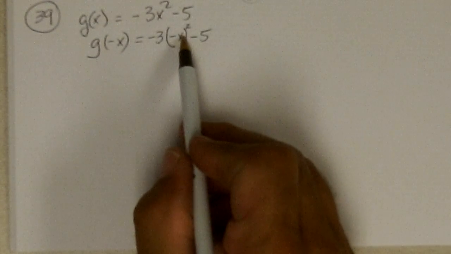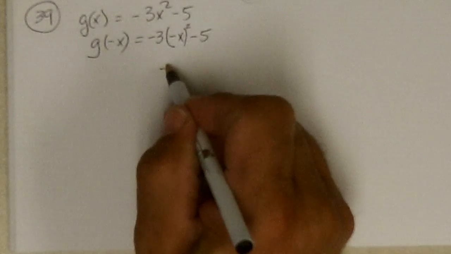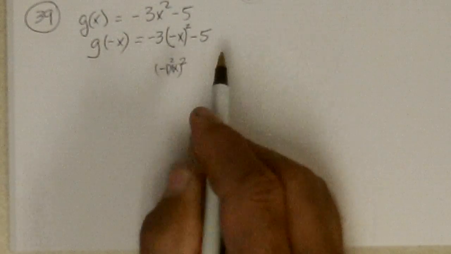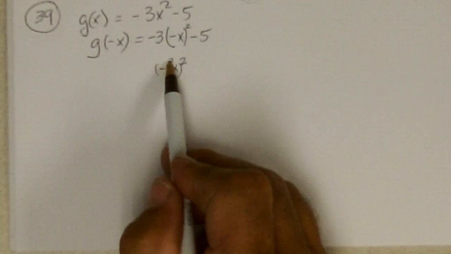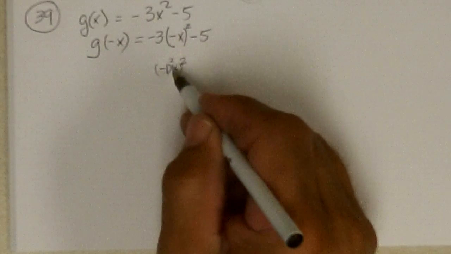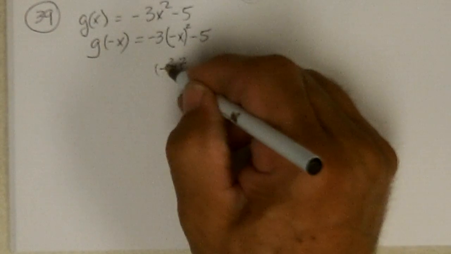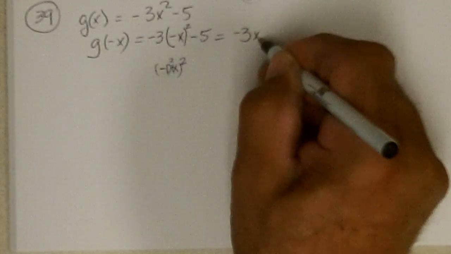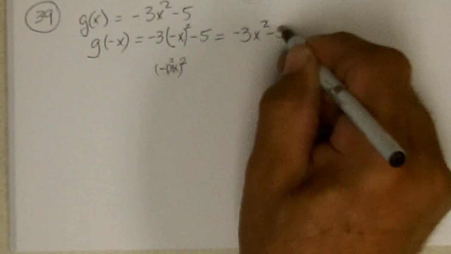Well, since this is -1 times x and we square it, we'd have -1 squared and x squared. -1 squared is +1, so this is the same as just x squared. So this turns into 1 times -3, so we get -3 x squared minus 5.